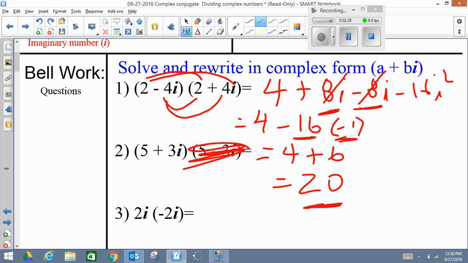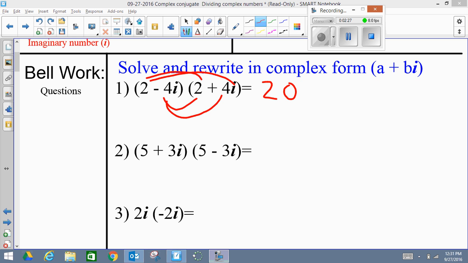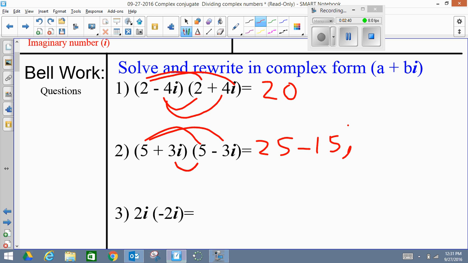Let's do number 2, same thing as the first one. 5 times 5 is 25. 5 times negative 3i, negative 15i. Now the second term, 3i times 5, 15i. And 3i times the last one is negative 9i to the second power.